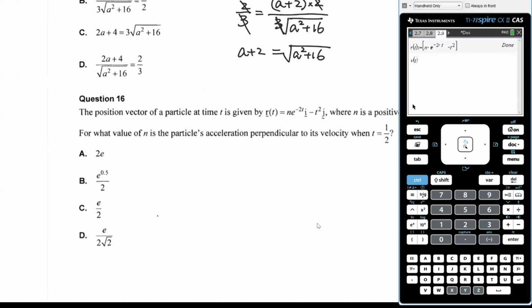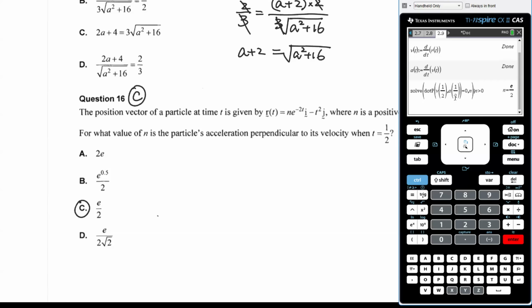And then v of t is assigned to derivative of r of t with respect to t, and a of t is assigned to derivative of v of t with respect to t, and I can just solve dot product of v of half, comma a of half equal to 0 for n, given that n is greater than 0. Half e, okay? So option C is the correct answer.